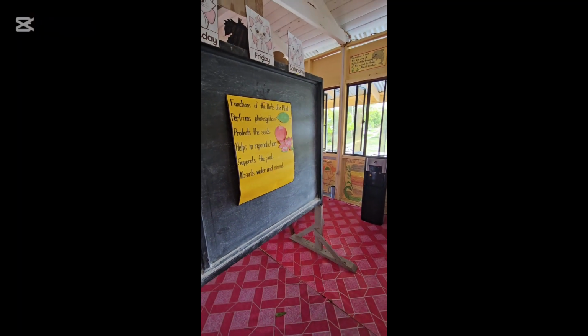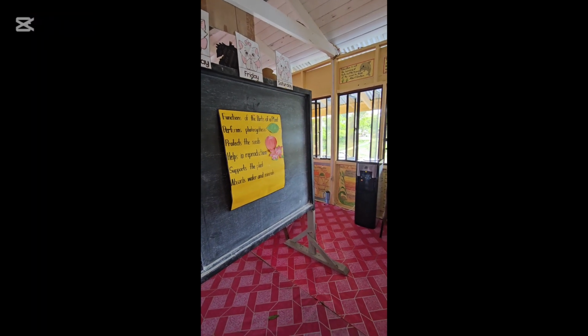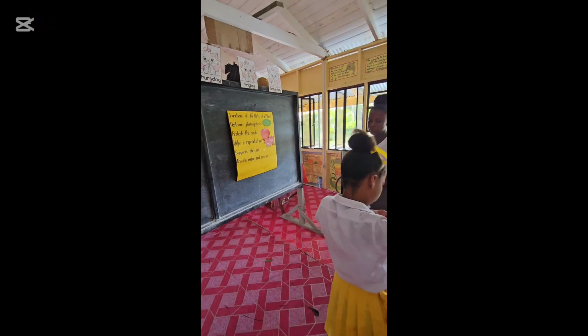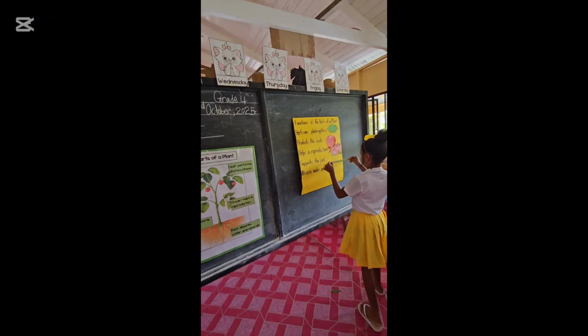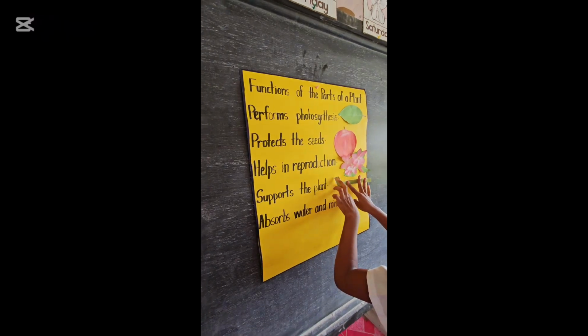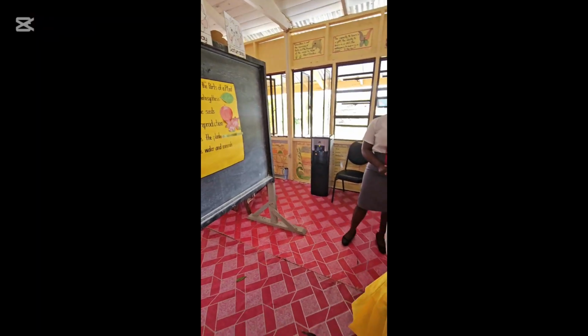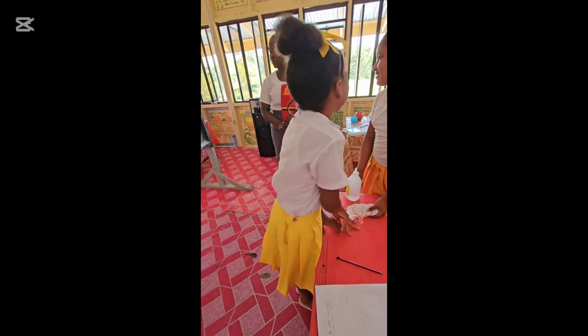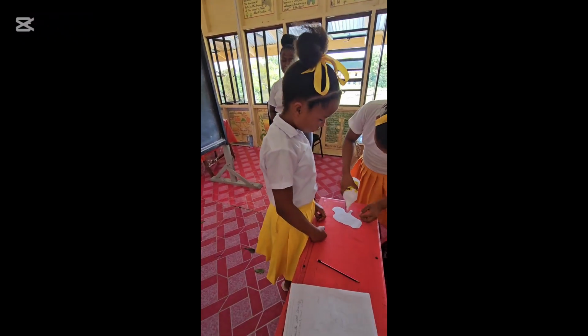So we have the next part: supports the plant. What is the part that supports the plant? And lastly, absorbs water and minerals. What part absorbs water and minerals?